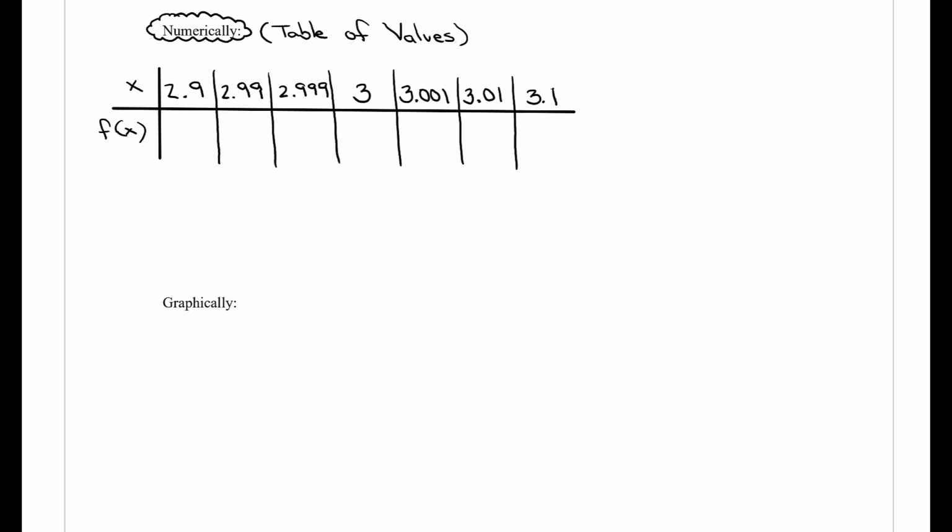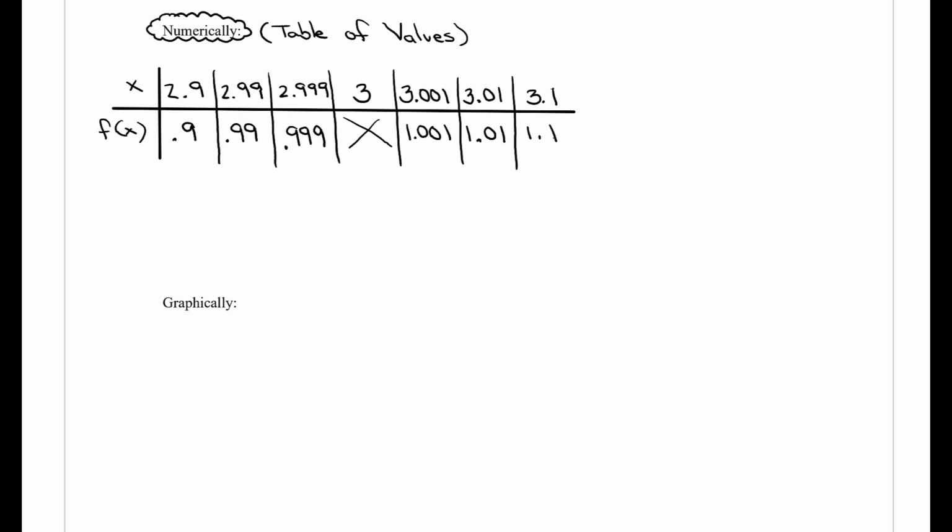When I substitute 2.9 for x, f of 2.9 is equal to 0.9, f of 2.99 is equal to 0.99, f of 2.999 is equal to 0.999. If I try to substitute 3, it's going to be undefined, so I'm just going to draw a big X there to represent that that's undefined. f of 3.001 is 1.001, f of 3.01 is 1.01, and f of 3.1 is 1.1.